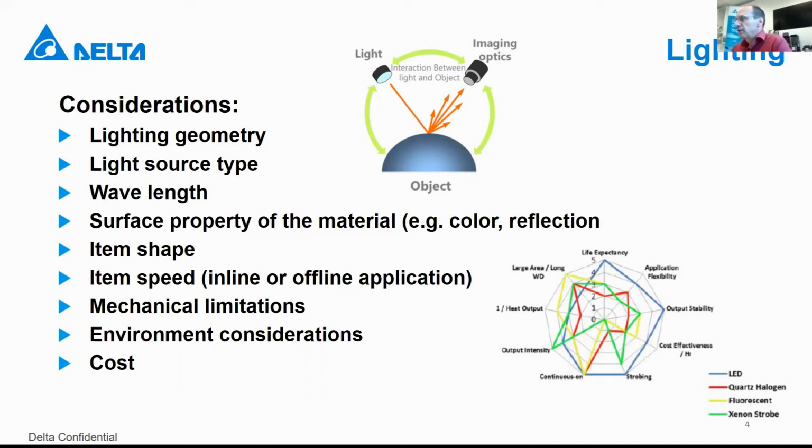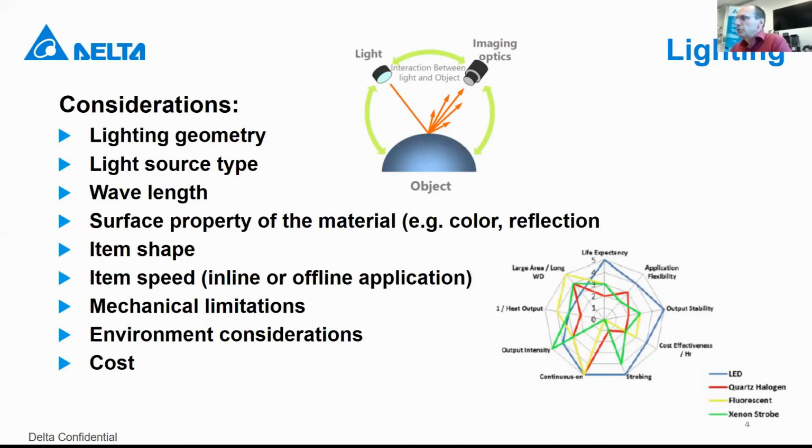When you have a high-speed moving device, it's not always simple to use a standard light, but then you have to think more or less in strobe light. And you also have to take the environment into consideration. Is there a lot of white light, natural light available at the place where you want to detect? Then you have to do something with covering or with filtering.